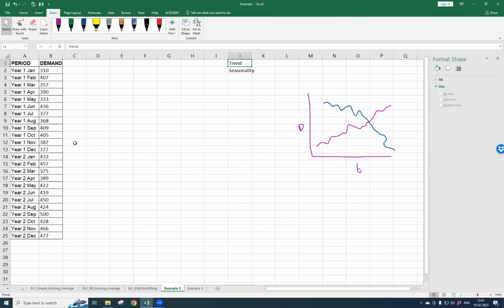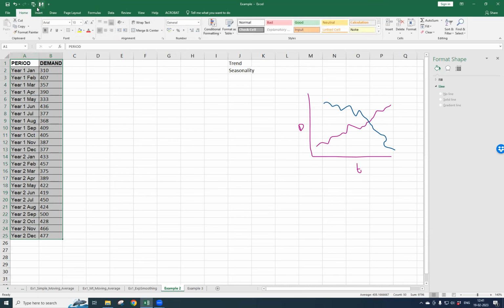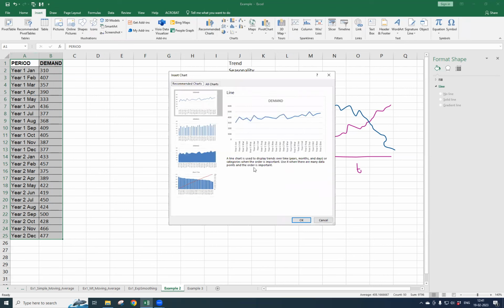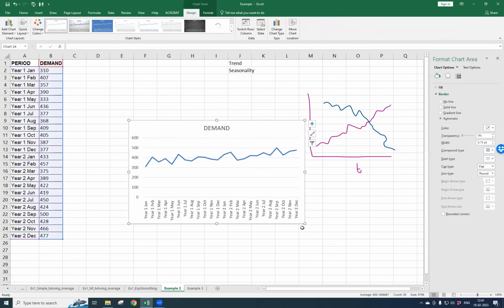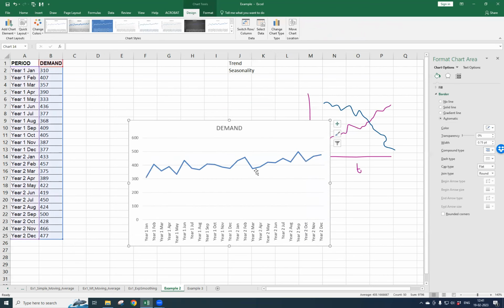Now, I'll simply plot this and see how it looks. I don't know directly from this particular line, but on average, this value is at 300, this value is at 400, 500. Looks like it is increasing, right?